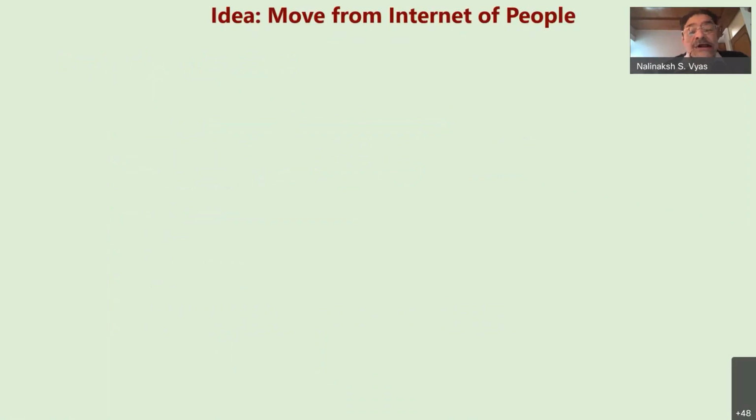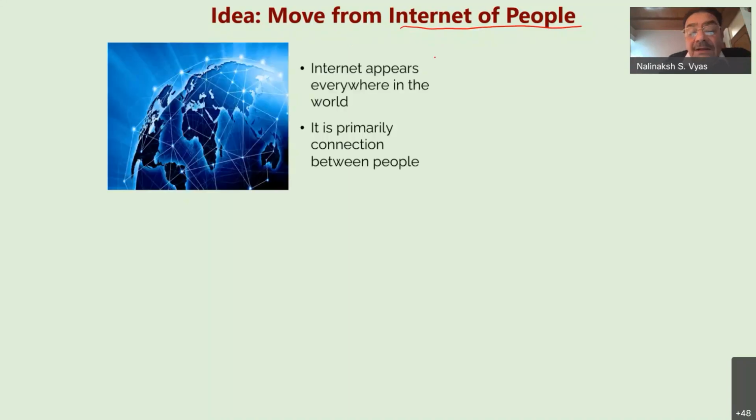The idea is to move from Internet of people to Internet of Things. Just one slide on this background aspect. You have Internet everywhere.